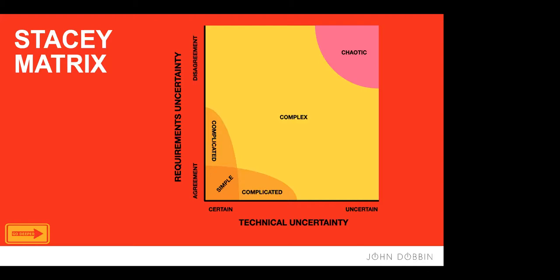And so if there were some advanced technologies that you were trying to integrate, then that would push us into the uncertain part of the matrix. Now, the other dimension is the requirements uncertainty. And this is where probably most uncertainty comes from in IT projects.